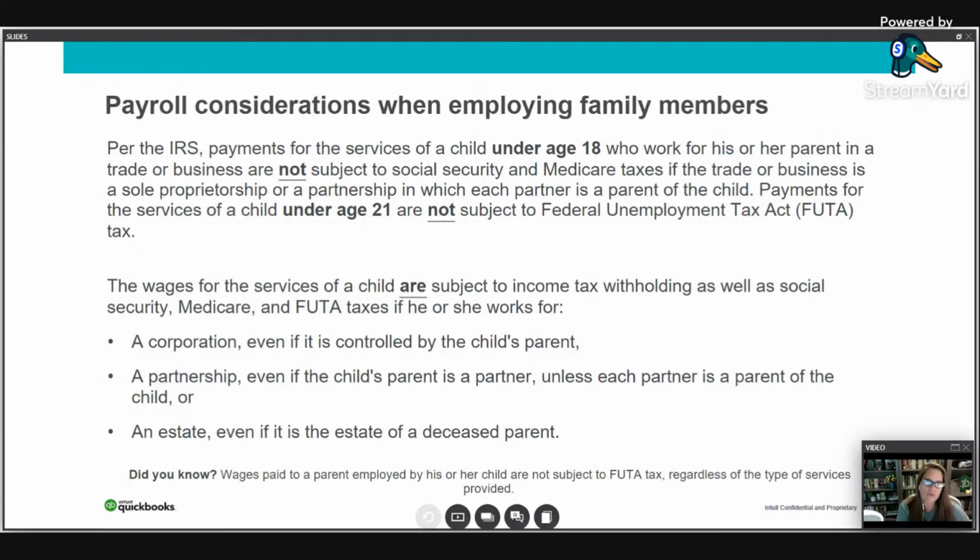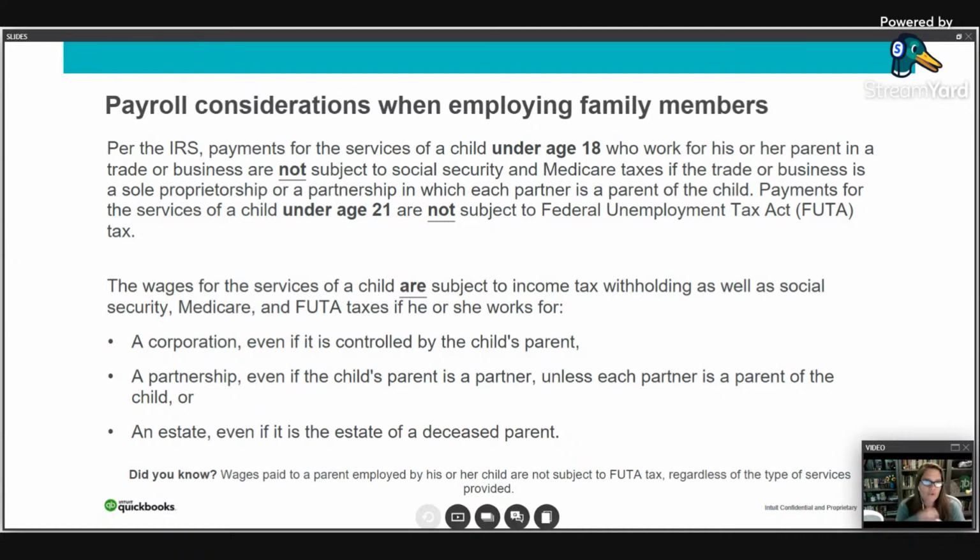When you are considering employing family members, payments for the services of a child who's under 18 are not subject to Social Security and Medicare taxes if the trade or business is a sole prop or a partnership in which each partner is a parent of the child.